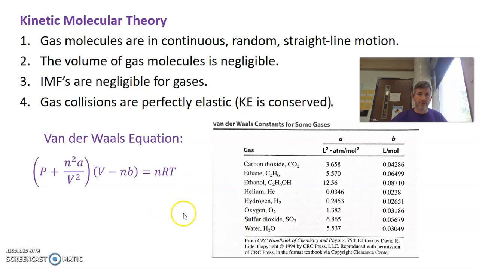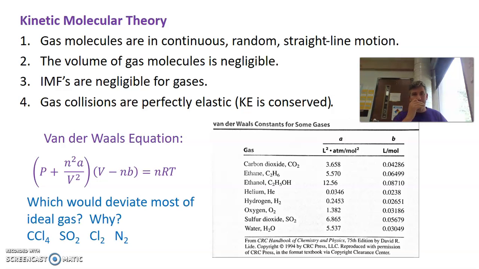That's what that's taking into account. You don't really have to use the van der Waals equation, but you should know how to anticipate when it would give us a big deviation from the ideal gas law.